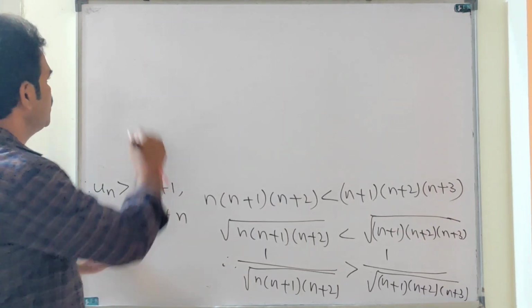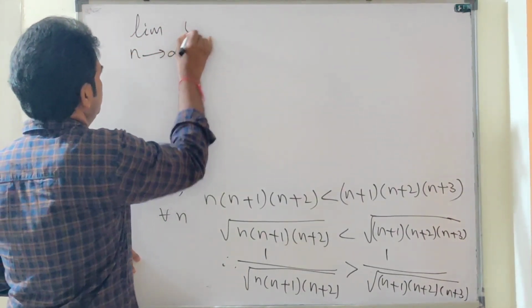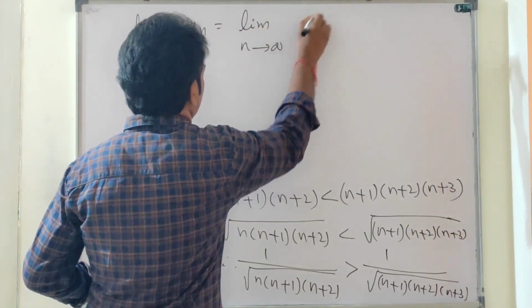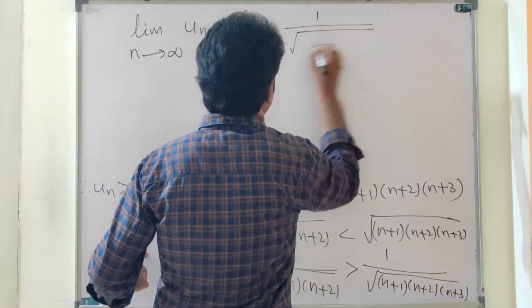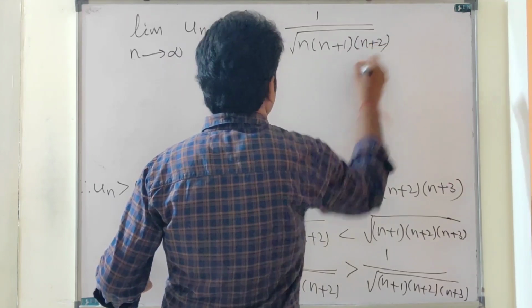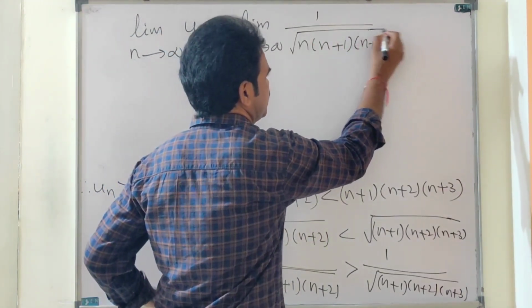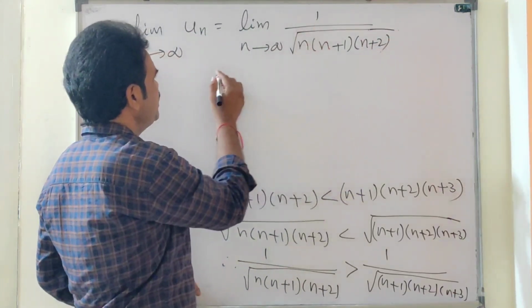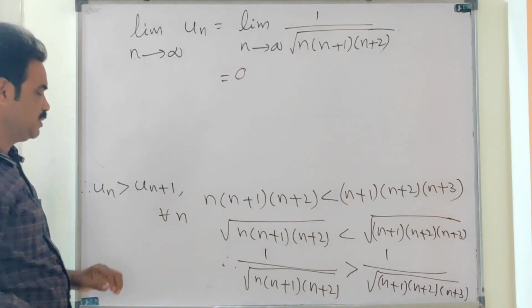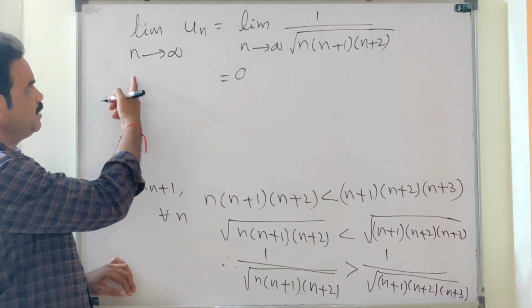And limit n tends to infinity un is equal to limit n tends to infinity 1 by square root of n into n plus 1 into n plus 2. But as n tends to infinity, this tends to infinity, hence 1 by infinity is 0. Limit n tends to infinity un is 0. Already we have un greater than un plus 1 and limit un is 0.